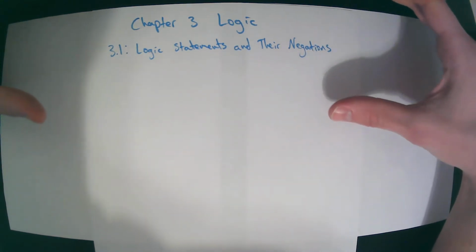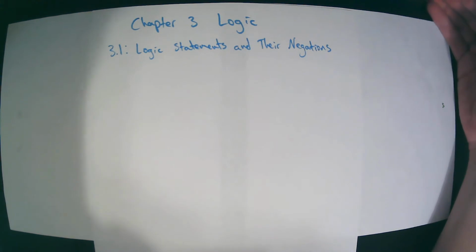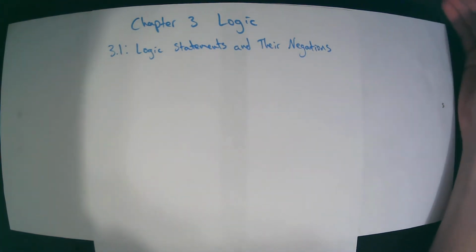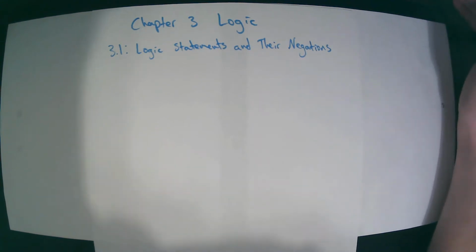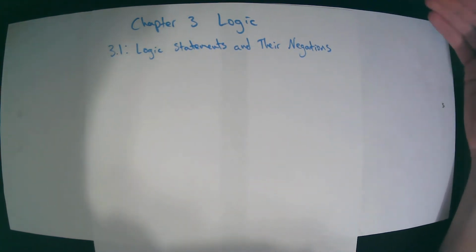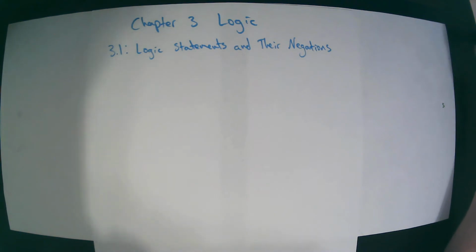logic statements themselves, so statements that have some truth value that can be assigned to them. So statements that can be considered as true or false. And so we're going to spend a lot of time talking about truth values. We'll look at these things called truth tables that let you figure out the truth values of very long logical statements.